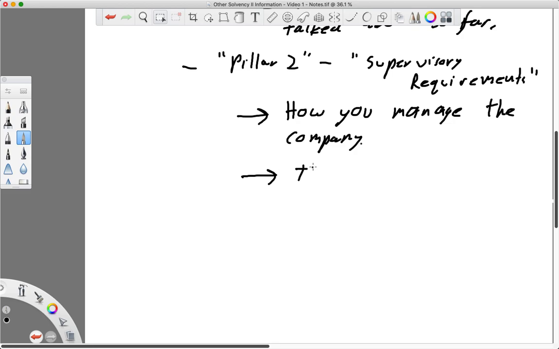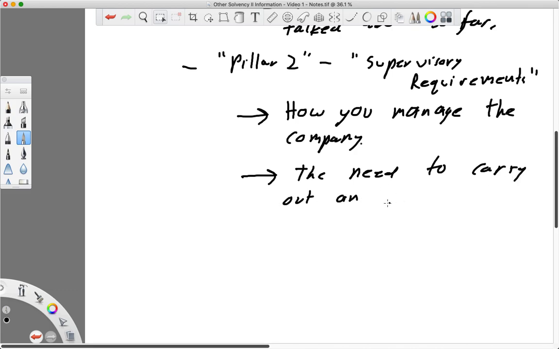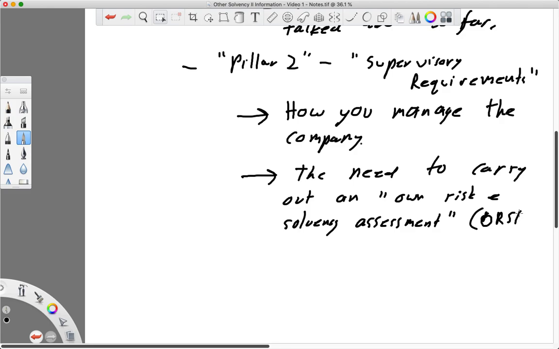Also, there's something called the need to carry out an own risk and solvency assessment, which is the acronym ORSA.